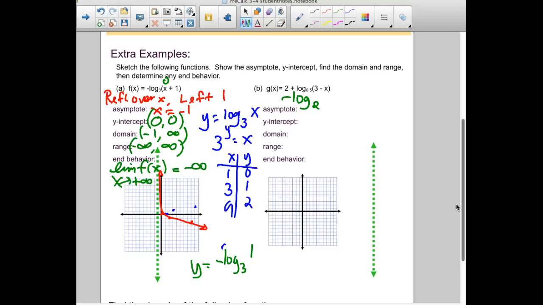But what did we have to always do to that 3 minus x piece? Flip it around. Okay. Pull the negative out, right? And it's going to be x minus 3 inside. And then this 2 that was in the very front piece is really what we usually have on the end, our vertical shift.